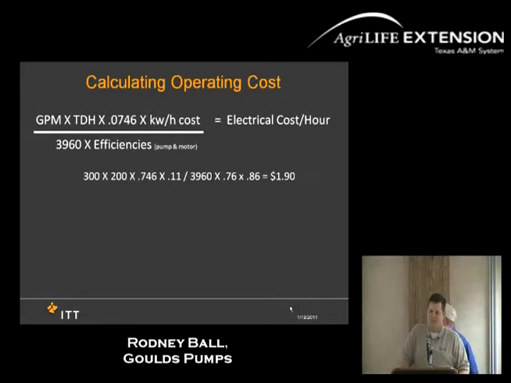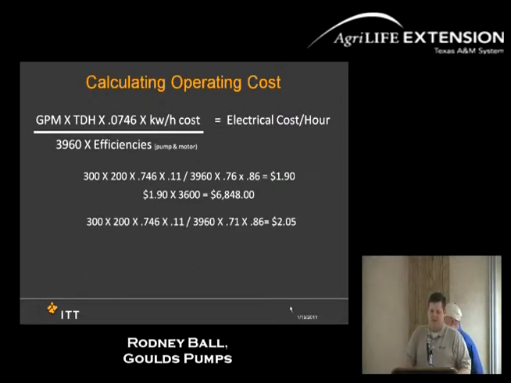You think, well, that's not much. But you look at an average irrigation season of 5 months, run nonstop 24 hours. You multiply that, and that would be 3,600 hours. So it's costing you roughly $6,800 for one well. Looking at that conversely, that's a 76% efficient pump.